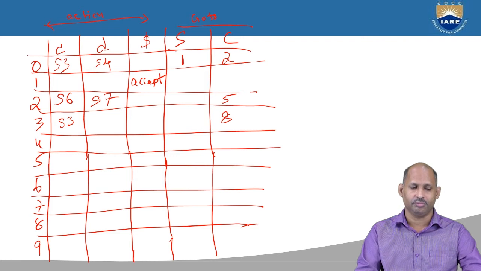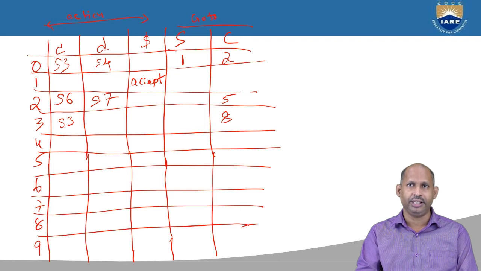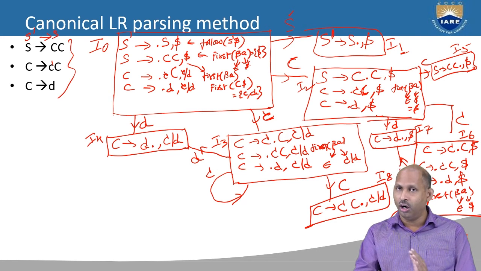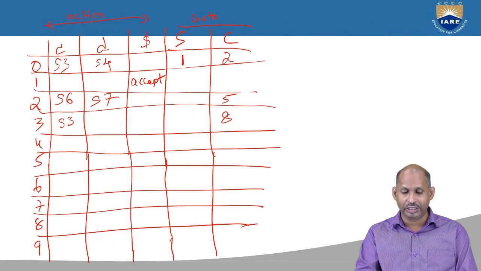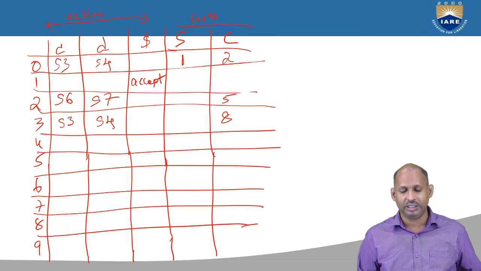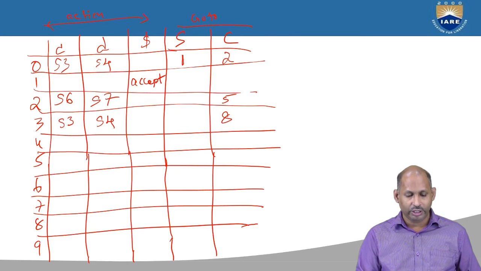Then D. I3 on terminal D is going to I4. So if it is a terminal, we have to write in the action part as S4. So S3, S4, and 8.